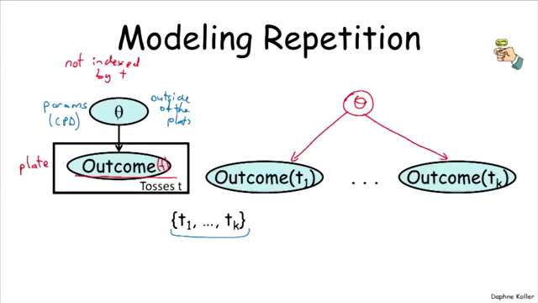The CPD of the outcome of T1 is copied from this parameterization theta.